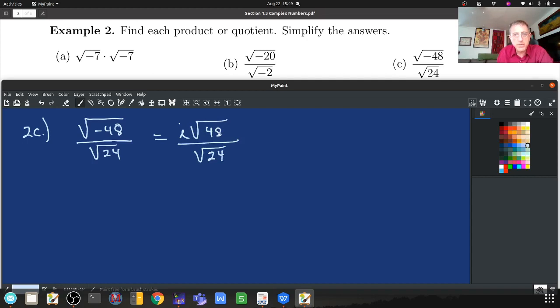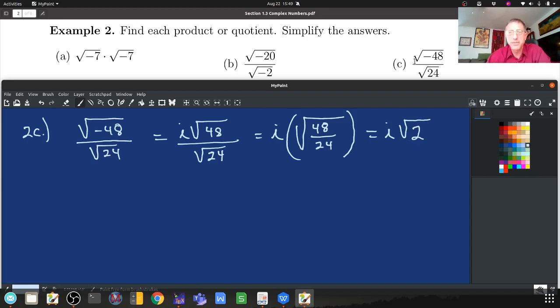But since 48 and 24 are just real numbers, this is the same as i times the square root, using again a rule of radicals that we learned in intermediate algebra. So that's just equal to i, and the square root of 48 divided by 24 is 2. So our answer is just i times the square root of 2.